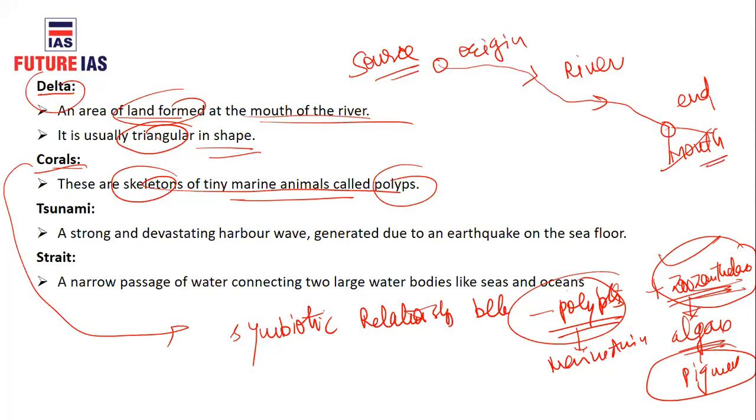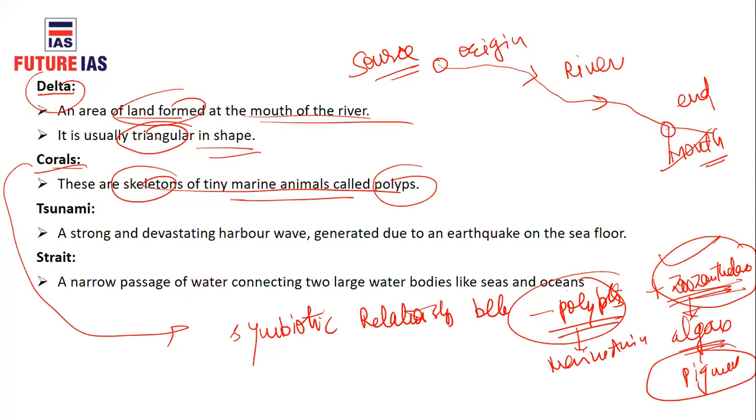So in the symbiotic relationship, the polyps provide the zooxanthellae the place to live, and the zooxanthellae would provide the polyps or the coral reefs the coloring pigment as well as the food.